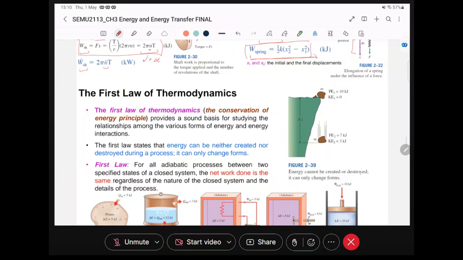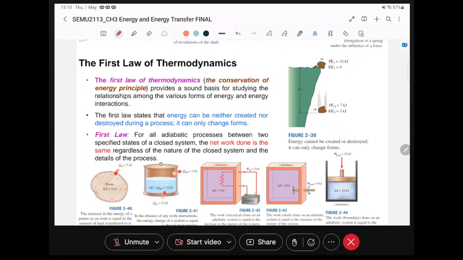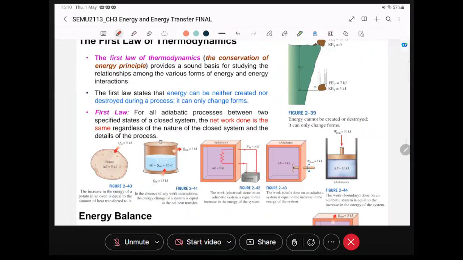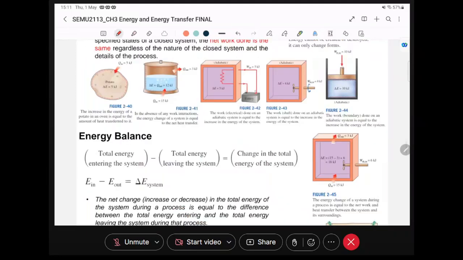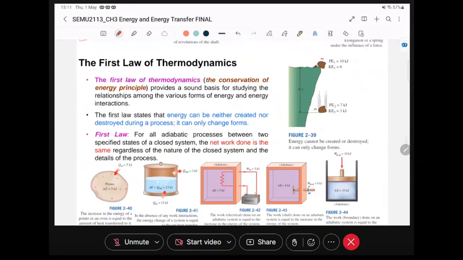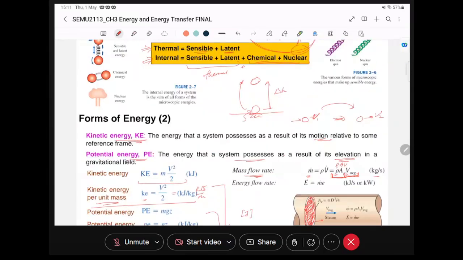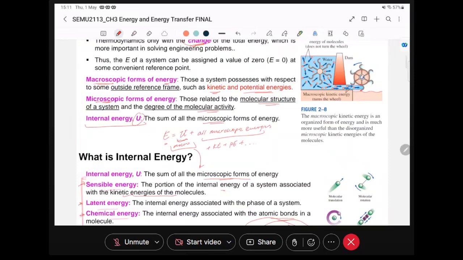Right then. So now that we have looked at the microscopic energy, let me just go back to here, which consists of the molecular level.